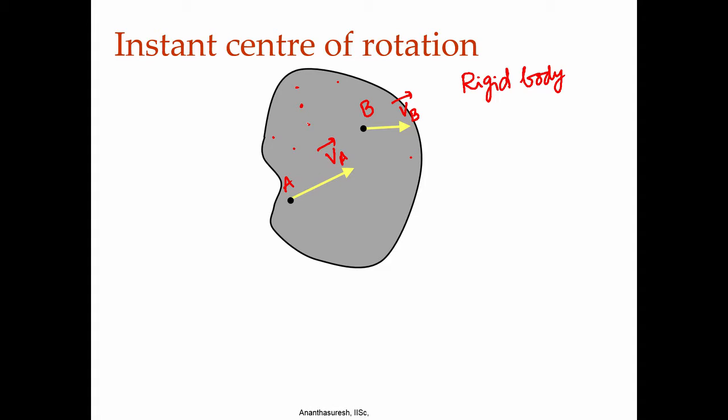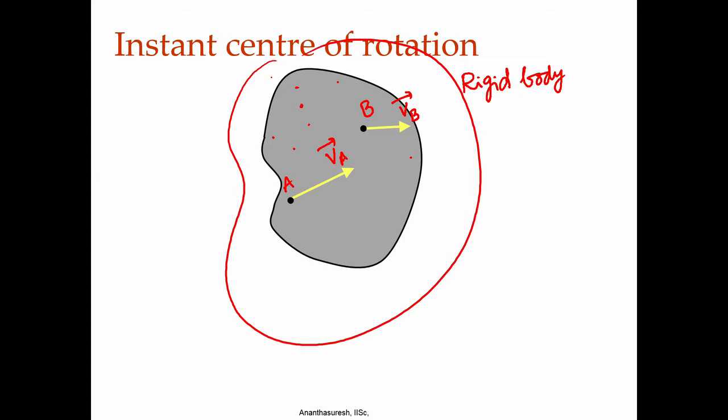There is one concept that every rigid body will have a point, which may not be inside the body. When you say rigid body, it can be bigger, it can be this and that, it can be the entire plane. So, if you think of it that way, there will be a point in the plane which will have 0 velocity. That means that at that instant it will not be moving.